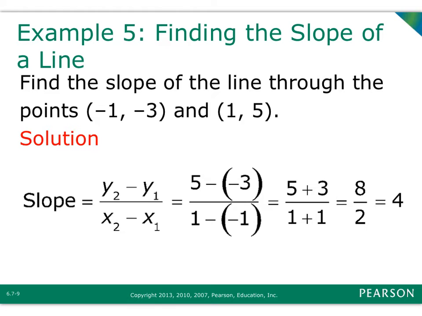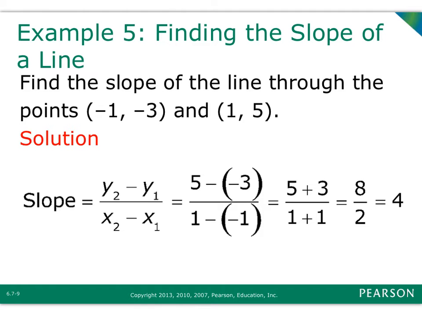Suppose I have the following 2 points. Find the slope of the line through the points -1, -3, and 1, 5. The solution is the slope equal to the formula y2 minus y1 divided by x2 minus x1. When we plug in the y values, we have 5 minus a minus 3.